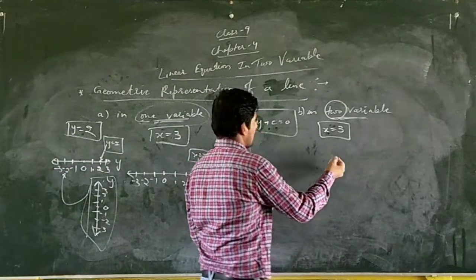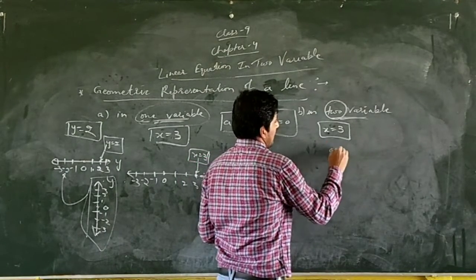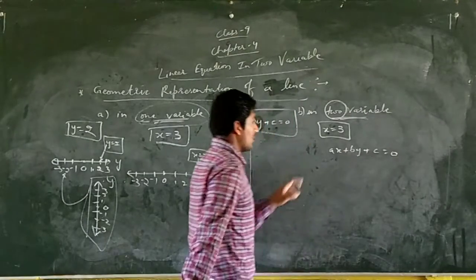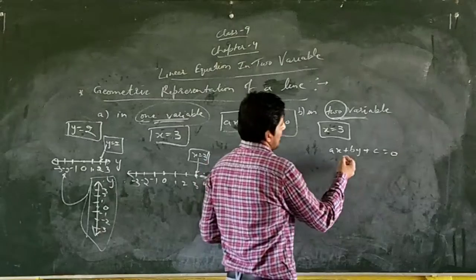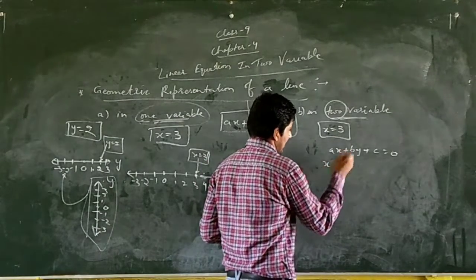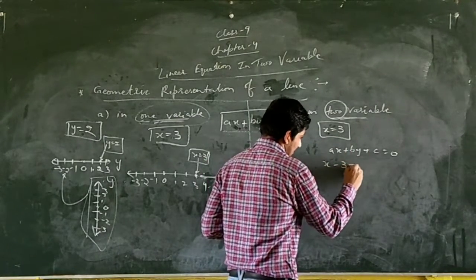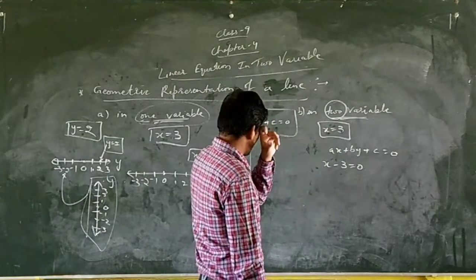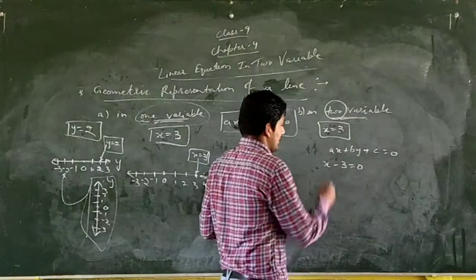For example, x is equal to 3, and the standard equation ax plus by plus c is equal to 0. Compare with this. We have x, and the equal sign term we take to the left side.